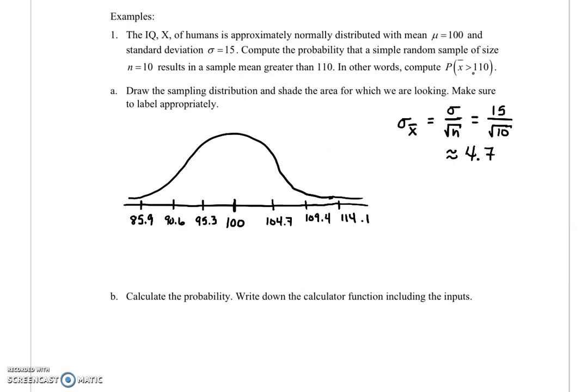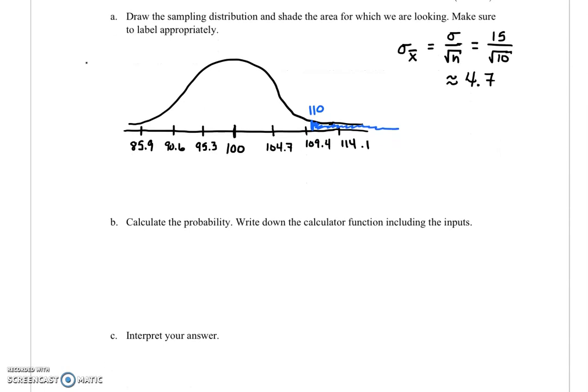Now we want the probability that X bar is greater than 110. So 110 is over here somewhere. And greater than means we shade to the right. So how do we calculate that probability?